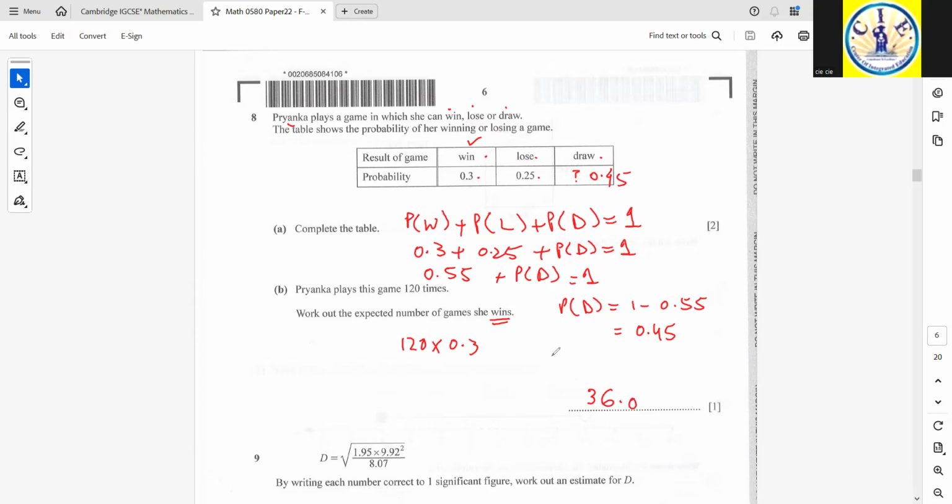So 36.0 or 36. The number of games she is expected to win is 36. Okay.